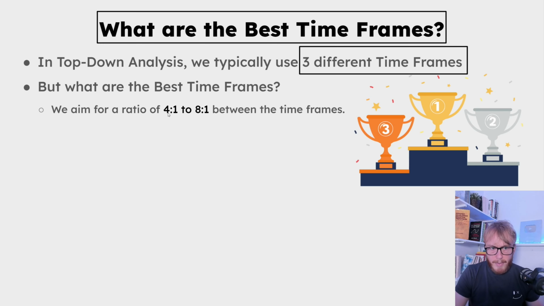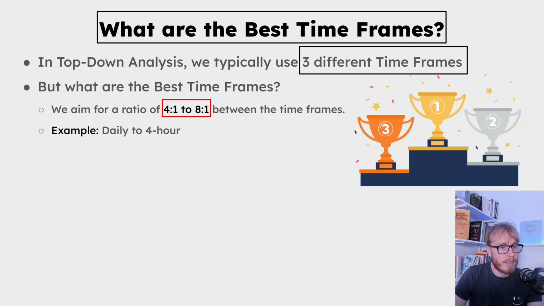Well, for this, what I do is aim for a ratio of 4:1 to 8:1 between the time frames. And if this sounds confusing, don't worry, we're going to talk about what I mean right now. For example, when we are looking at the daily time frame to the 4 hour, what is the ratio here?